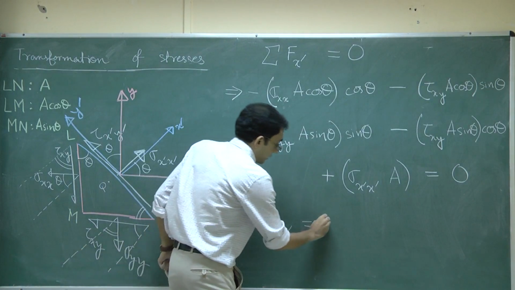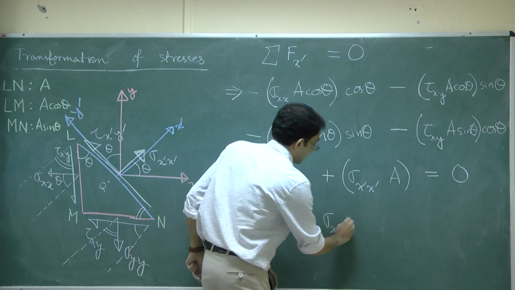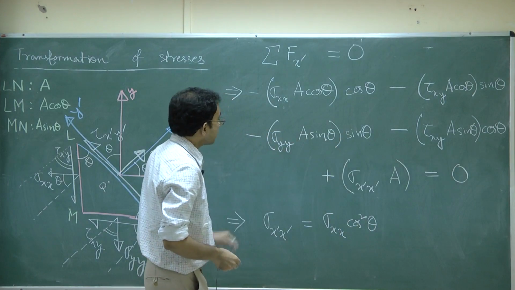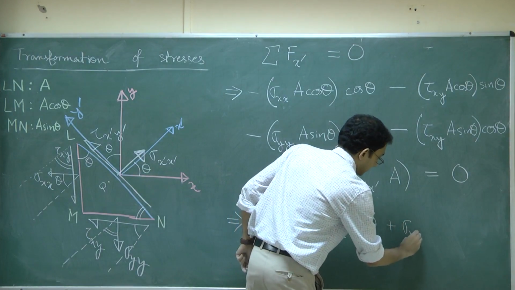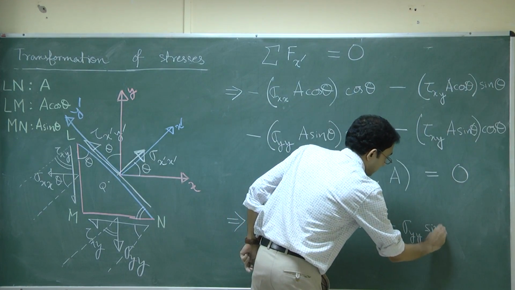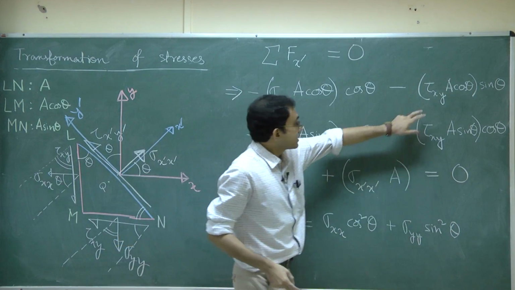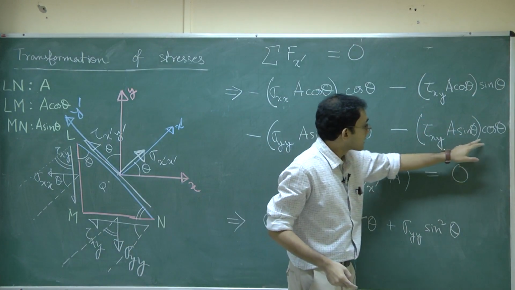So effectively what will end up is sigma xx cos square theta plus sigma yy sin square theta, and you note here this is a tau xy cos theta sin theta and here it is a tau xy sin theta cos theta.